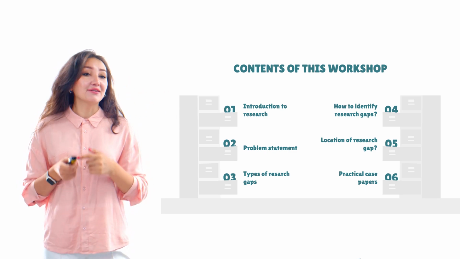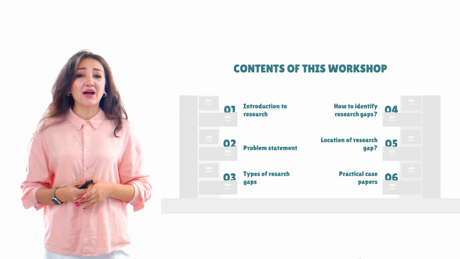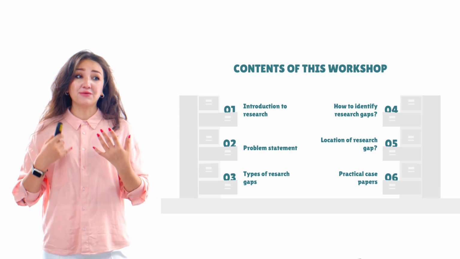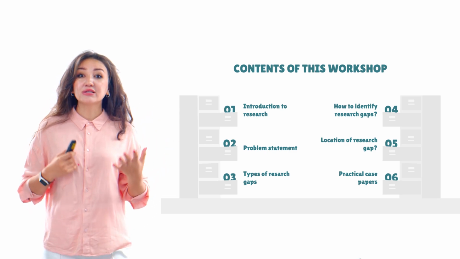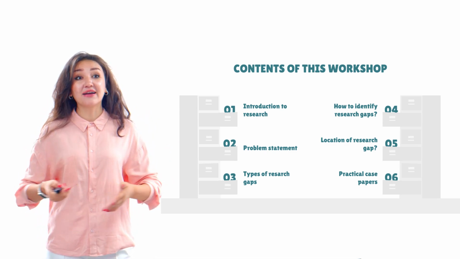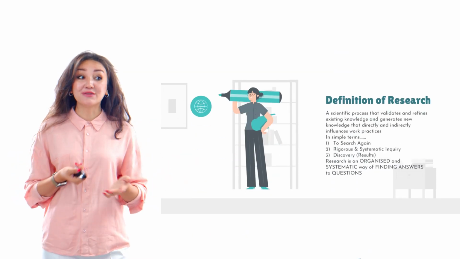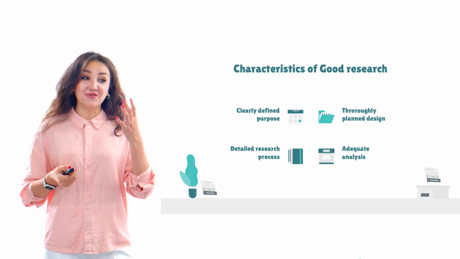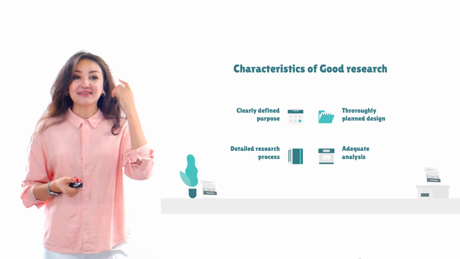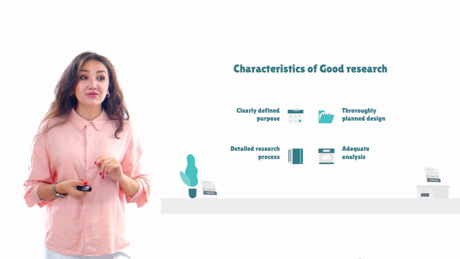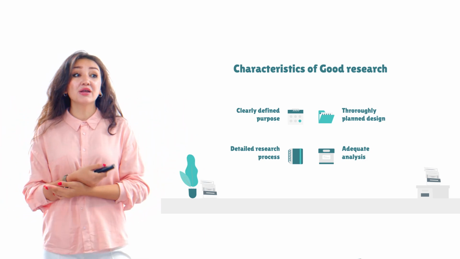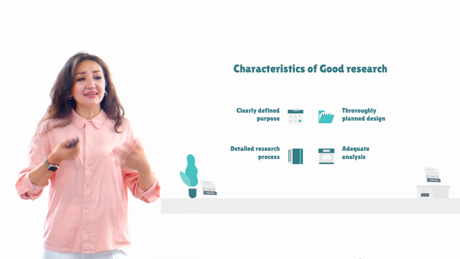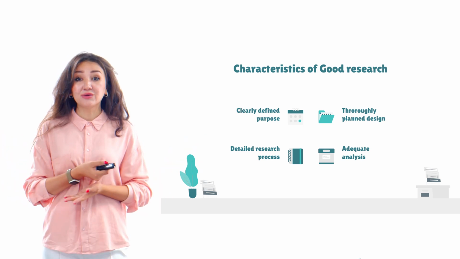We have very little time, so I would like to skip some slides and move to the most important section, identifying the research gap. I guess everyone is with me. These are the characteristics of good research: a clearly defined purpose, thoroughly planned design, detailed research process, and adequate analysis.